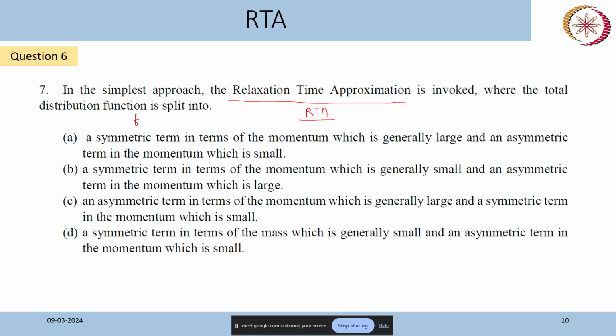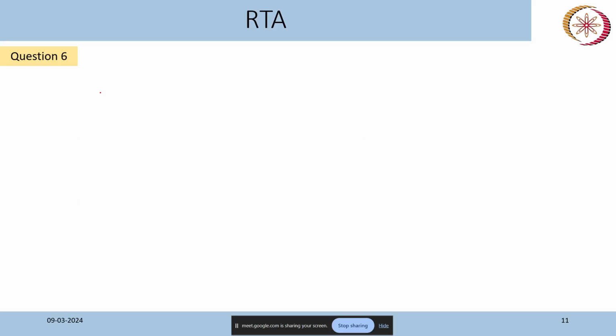You can directly tell the answer, which is the correct answer, but let me give some insights also. So how is the BTE solved? We have already discussed the BTE. Let's not consider the generation recombination term.